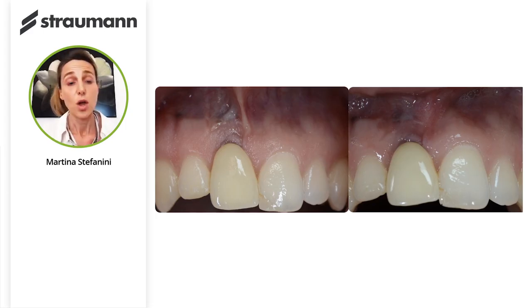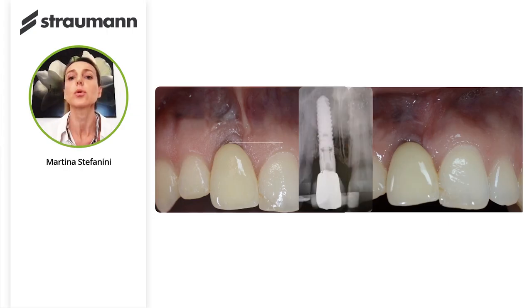In this case, we have not only a buccolingual deficiency, but also an apical-coronal deficiency. The mucosal margin at the level of the implant-supported crown is more apical with respect to the ideal position, which is the position of the gingival margin on the homologous natural tooth.